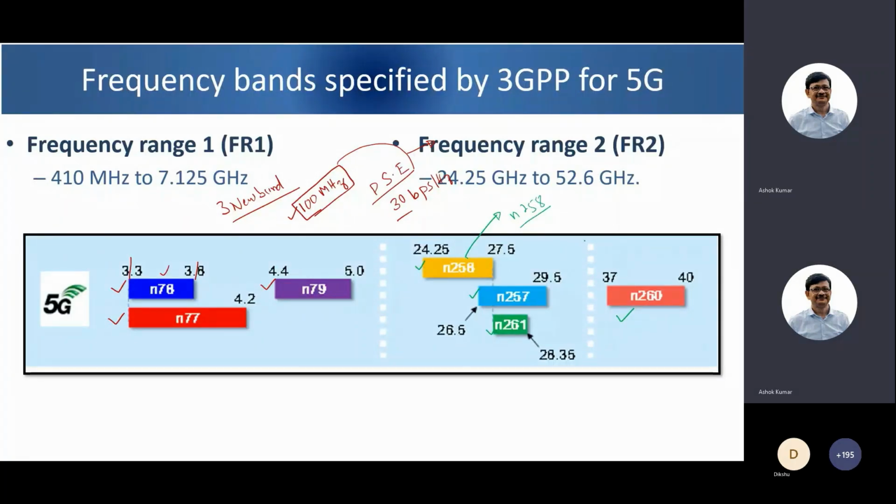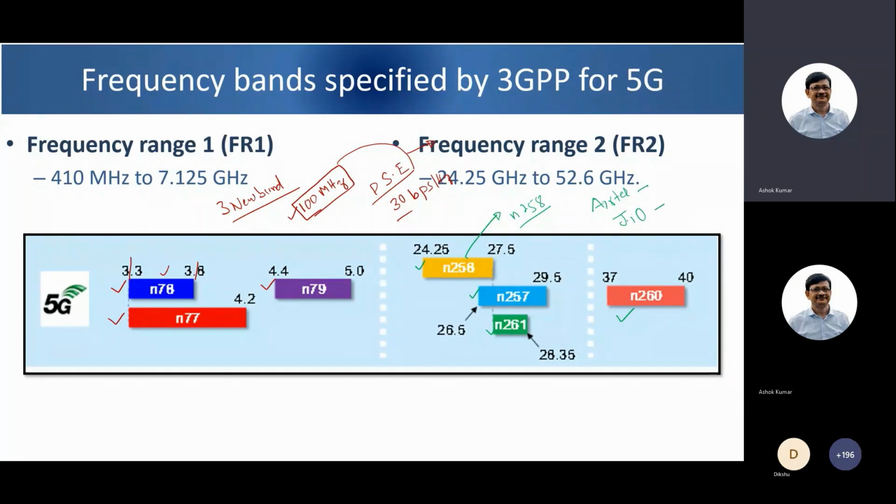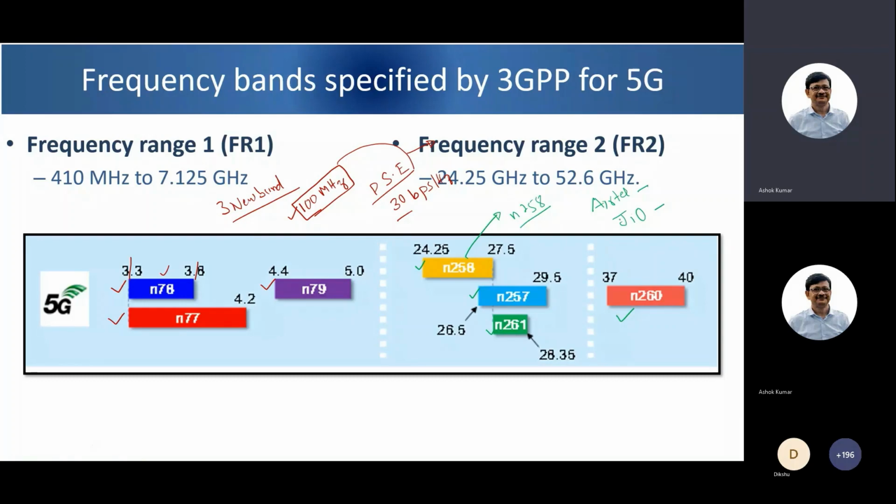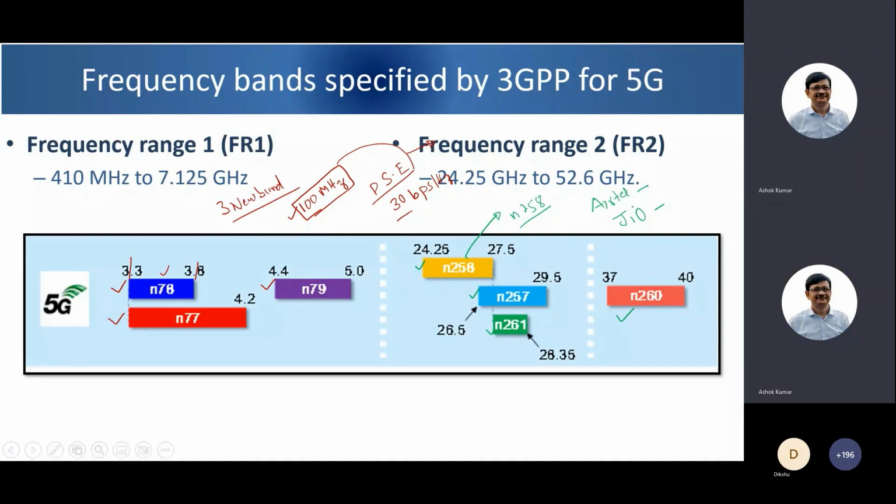Can somebody guess how much channel bandwidth or spectrum was acquired by Airtel and Jio in the auction? Somebody says 400 megahertz, somebody says 200 megahertz. Let me answer. Airtel acquired almost 1000 megahertz, that is 1 gigahertz, in almost all the LSAs.